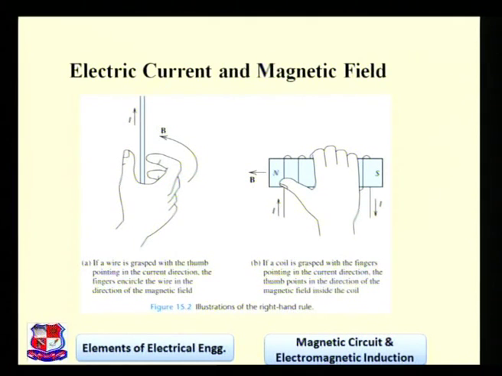Now we are going to see the direction of the magnetic field. Here in the first figure we can see that there is a conductor and a hand is grasped around the conductor. Suppose the direction of current is upward, then the direction of the fingers will give us the direction of the magnetic field.